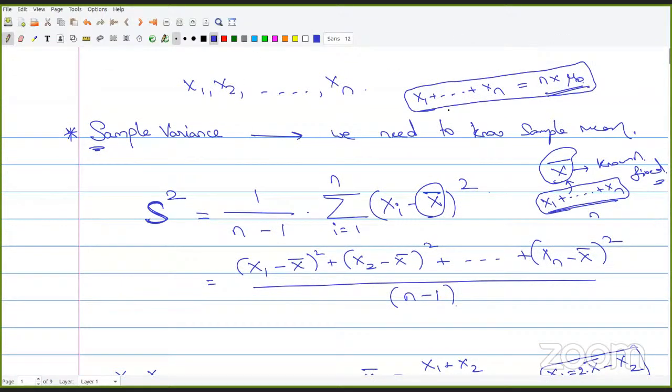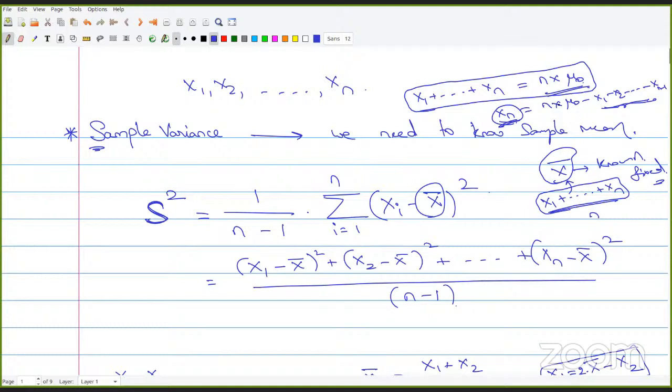So xn you can write as n times mu naught minus x1 minus x2 and so on, minus xn minus 1. So these n minus 1 random variables can vary, whatever value they take, but xn will be fixed. It will be n times mu naught minus the sum of the other n minus 1 random variables. So xn is not a free variable. That is why.